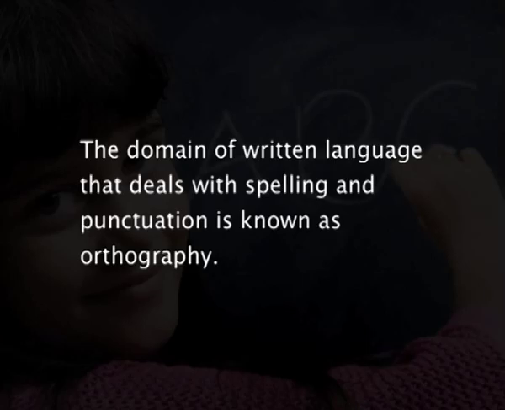This makes sense because we are primarily exposed to spelling and punctuation through reading and writing. But the structure of our language comes to us through listening and speaking as well. The domain of written language that deals with spelling and punctuation is known as orthography.